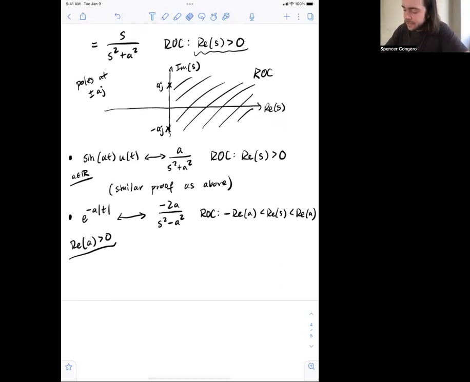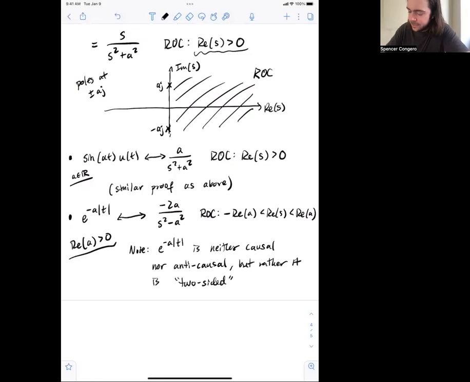Okay, and I'll just make a note here. Note, this is a strange ROC we've seen, and it comes from the fact that e to the negative a absolute value of t is neither causal, or right-sided, nor anti-causal, left-sided. It's neither, but rather it is two-sided.